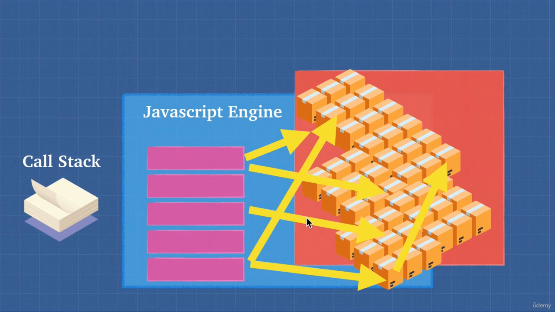Now, since every JavaScript engine has different implementations, where variables are allocated is not 100% the same all the time. So a good way to think about it is this. Simple variables can usually be stored on the stack, and we'll learn about this later on.